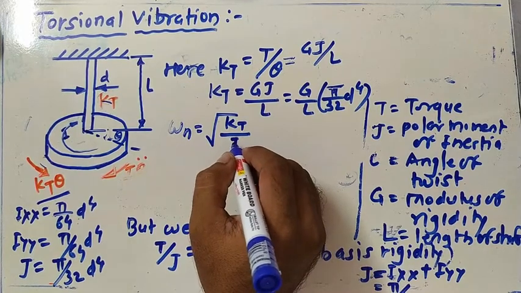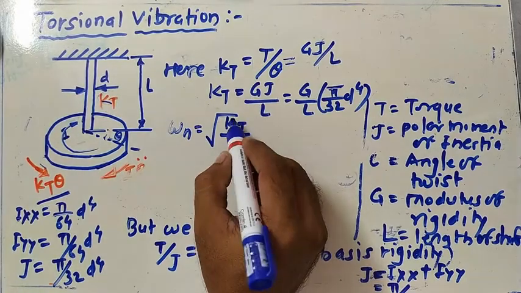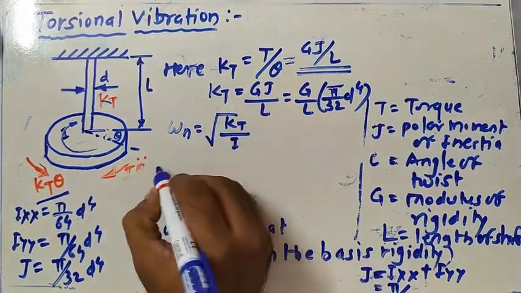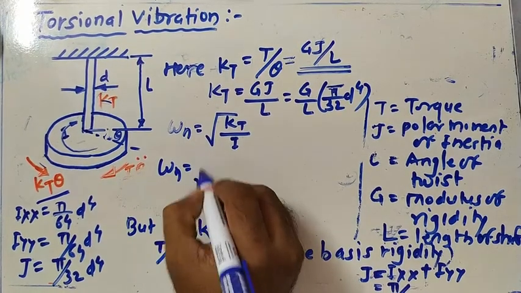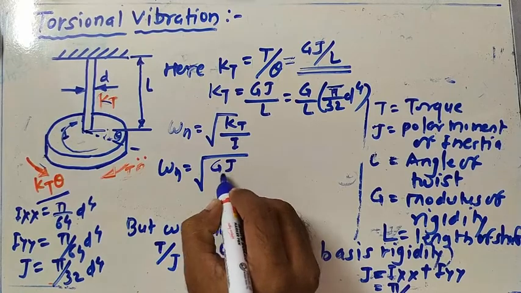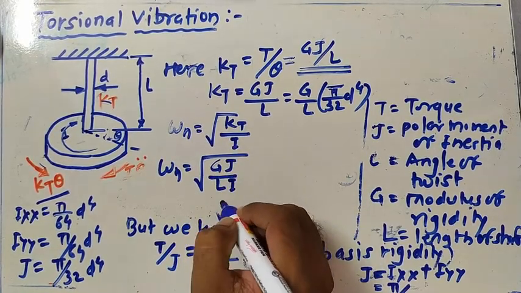For this Kt, we can replace it with the help of this relation. We get omega n as the square root of GJ divided by L for Kt, and I remains as it is.